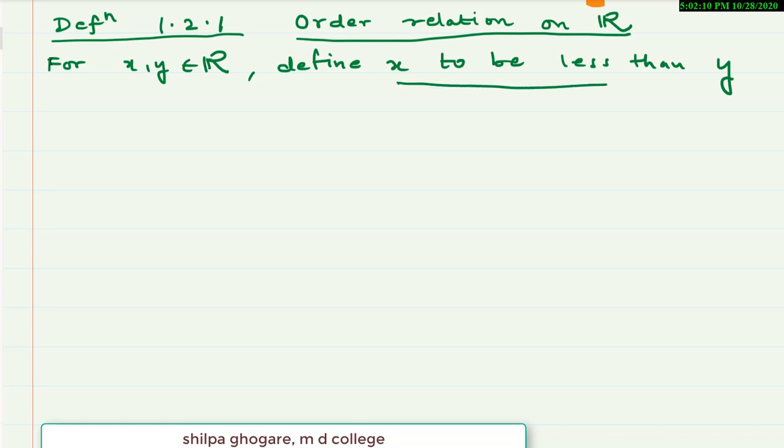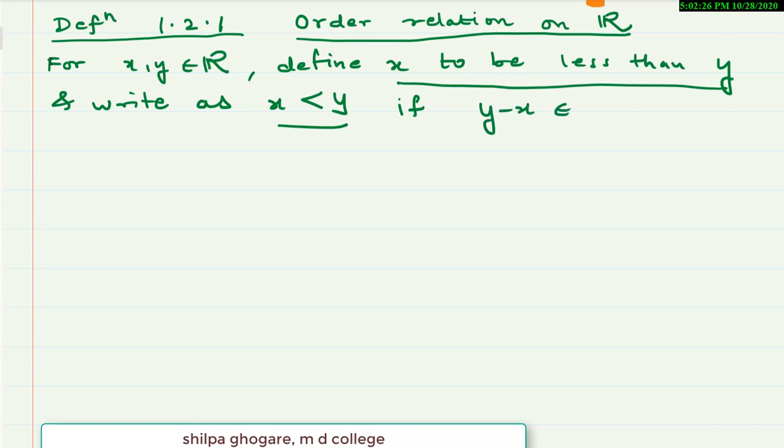So I am defining x less than y, which is written as x less than y. This is the notation. If y minus x belongs to R plus. So if the difference between y and x, that is y minus x, is a positive real number, then we say that x is less than y.